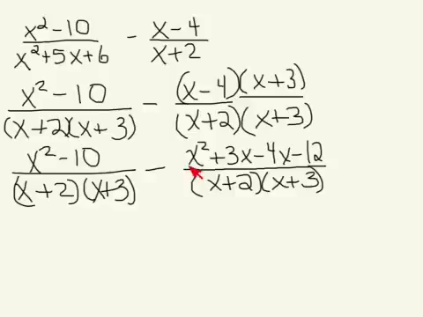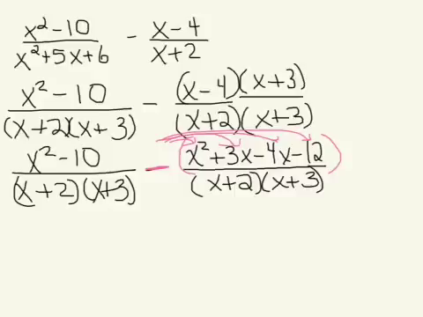You are subtracting this whole expression from this one, and so to make that maybe more clear, you may want to put parentheses around this and remind yourself that this subtract sign does apply to all of the terms in the second fraction. And so if you were to rewrite that, at least as you're learning the process, it's a good idea to rewrite it.